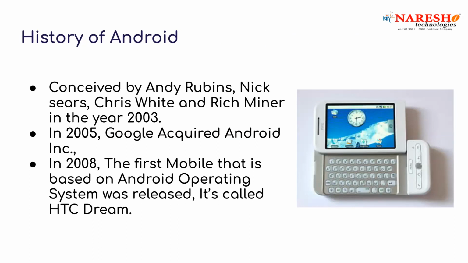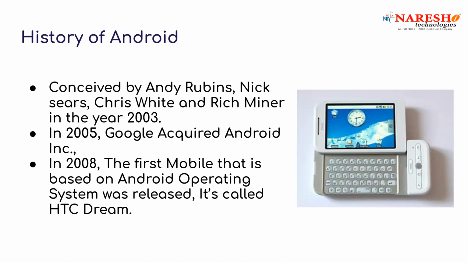So we discussed the open source project. Let us talk about the history of Android. I'll not spend a lot of time on this history because it is not so necessary, but knowing this is good. There are four people who were working in mobile platforms: Andy Rubin, Nick Sears, Chris White, and Rich Miner.